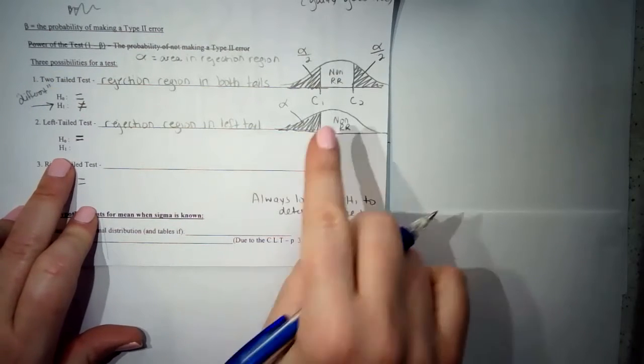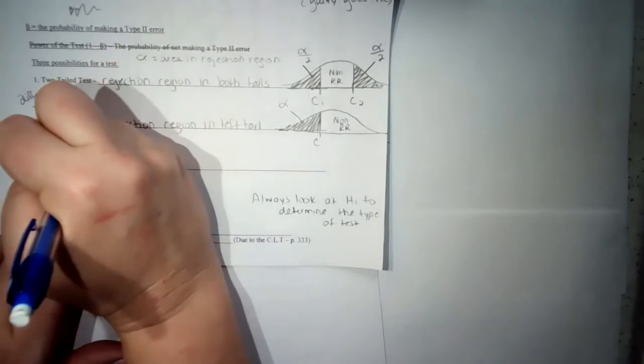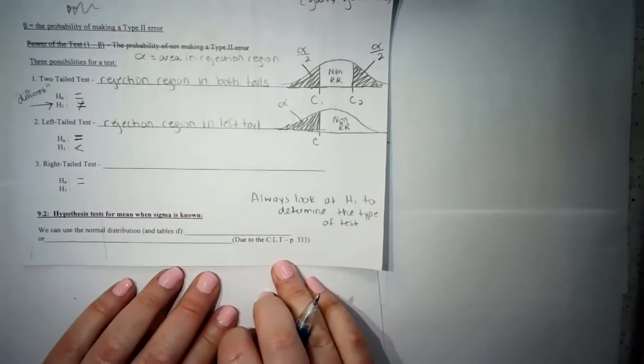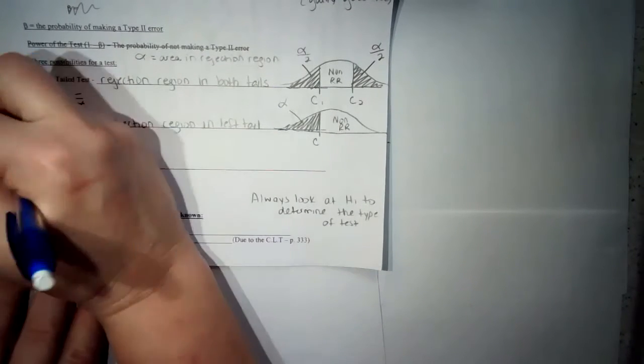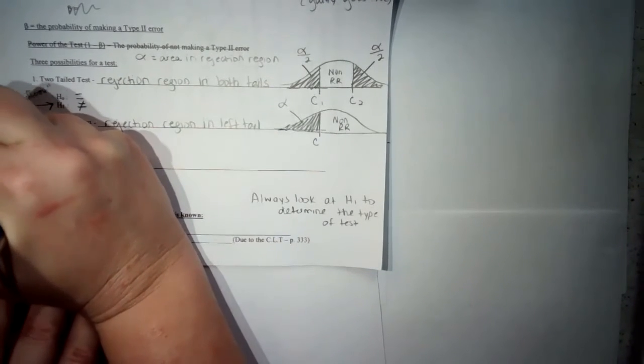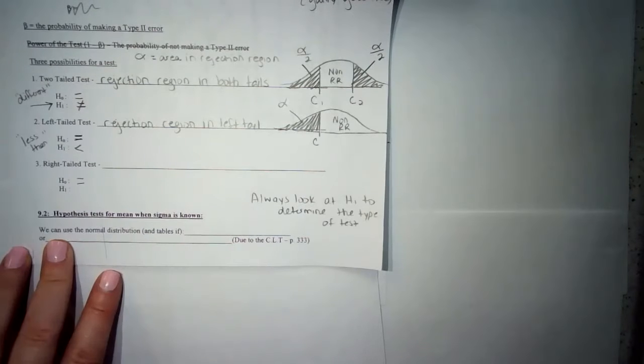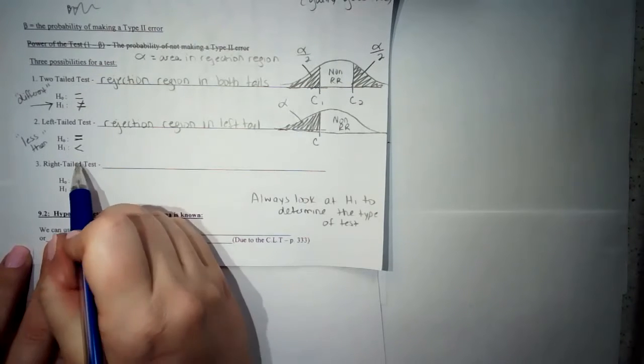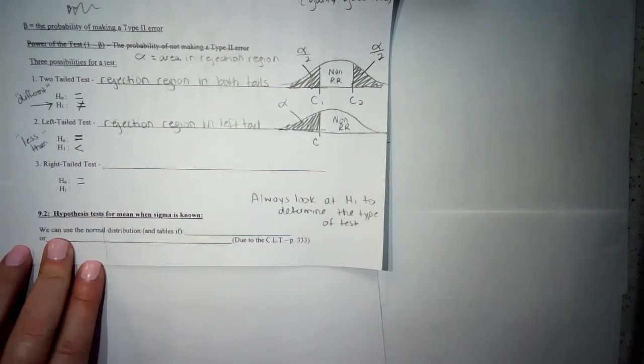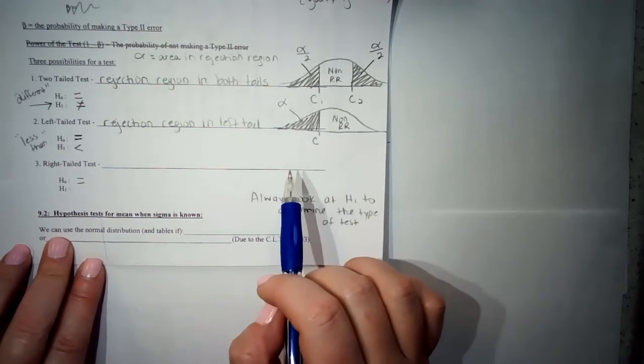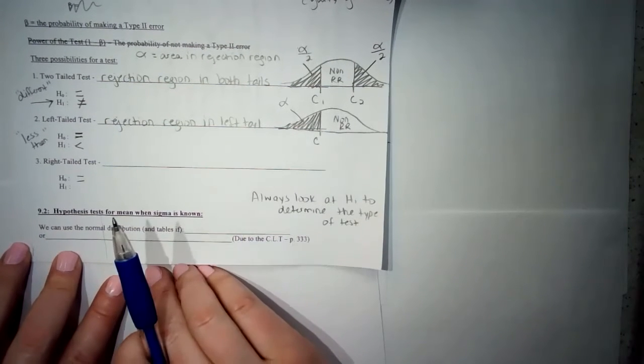Our H1, the way that we tell it's a left tail is because it's going to say less than, right? So if it says less than in your sentence or smaller than, or if you see a less than sign, that's your indication we have a left tail test. We need to set it up like this, okay?